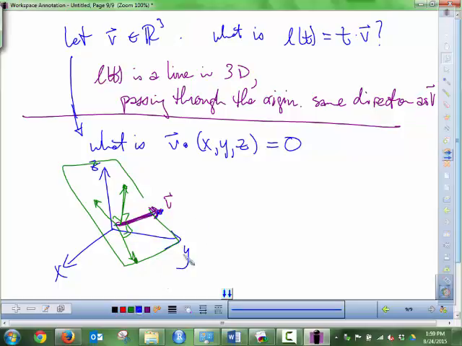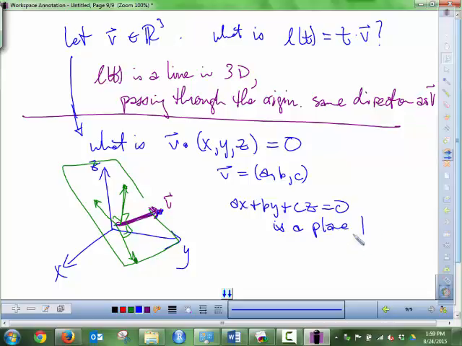So if v equals the vector a, b, c, then ax plus by plus cz equal to 0 is a plane that is perpendicular to the vector v. Pretty cool, huh?